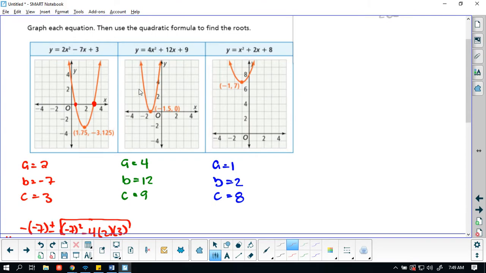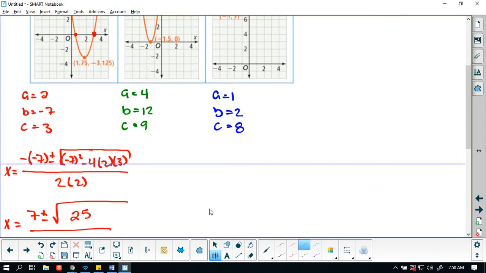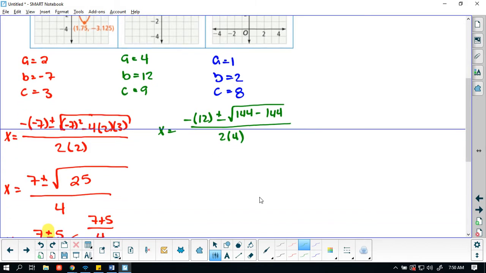Looking at this next one, it looks like we're going to have one solution, but let's use the quadratic formula to discover this. So again, we have x equals negative b plus or minus the square root of b squared, which is 144, minus 4 times 4 times 9, which is 144, all divided by 2 times 4, 2a. 144 minus 144 leaves us 0, plus or minus the square root of 0, divided by 8.